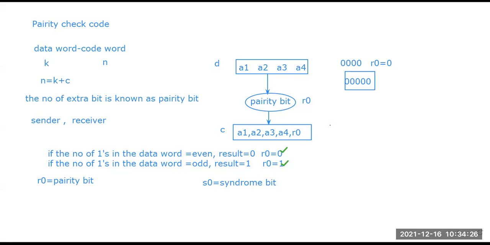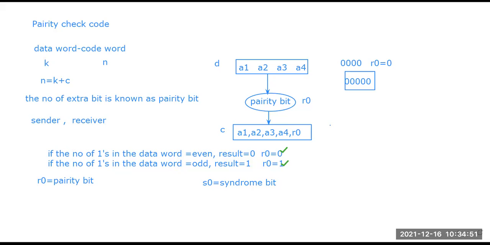We are calculating this with respect to the Hamming distance and how many bits are in error. We cannot do any type of error correction. We are doing the error detection process with the use of the Hamming distance and the parity check codes.